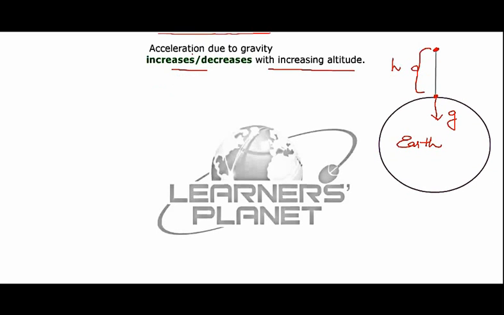Yes friends, as we have discussed in our theory session, what do we know? That acceleration due to gravity at some height h is equal to, yes friends, now there were two derivations that we came across. First of all, let me write down the surface of Earth. So acceleration due to gravity on the surface of Earth is equal to GM by r square.